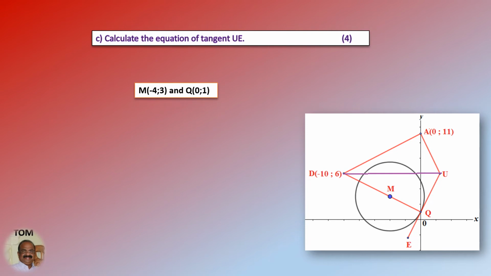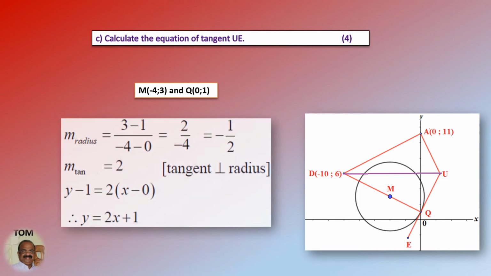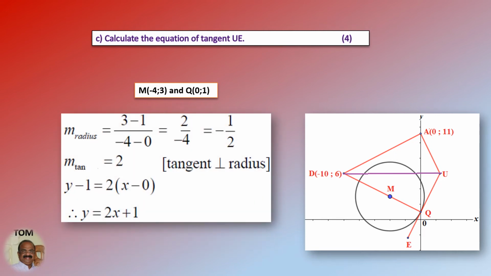Now look at the points we are going to use. We are going to calculate the gradient of the radius first. We have the coordinates of M minus 4, 3 and Q 0, 1. Using these 2 points, we get the gradient of the radius is 3 minus 1 over minus 4 minus 0, which is 2 over minus 4, and that is minus half.